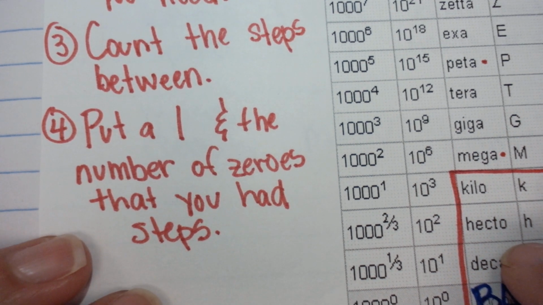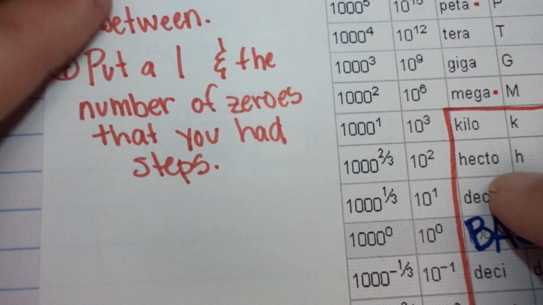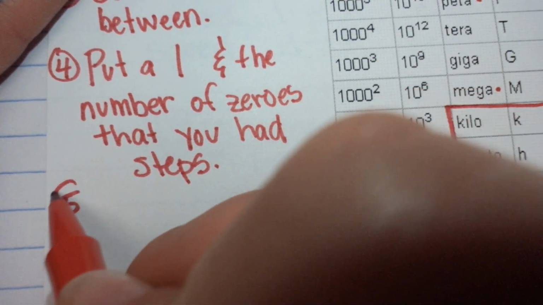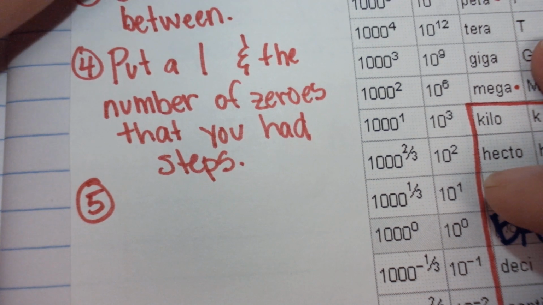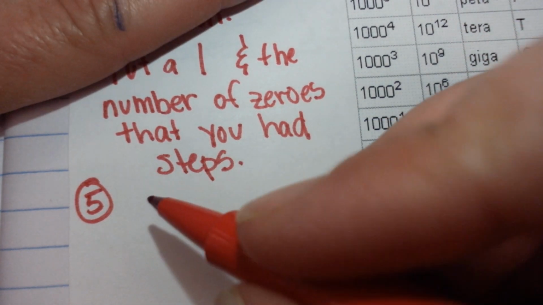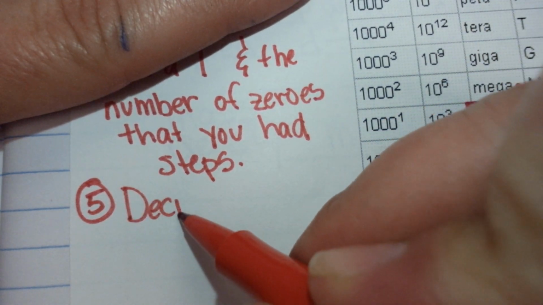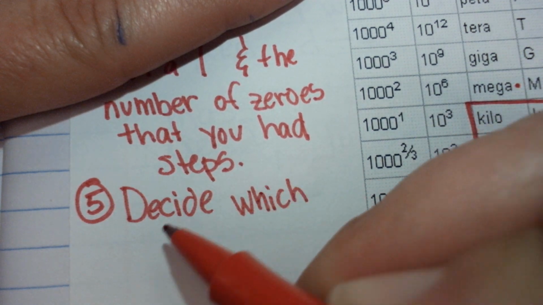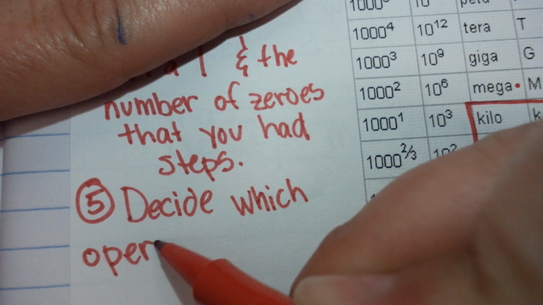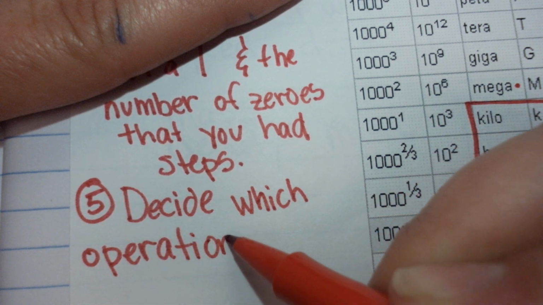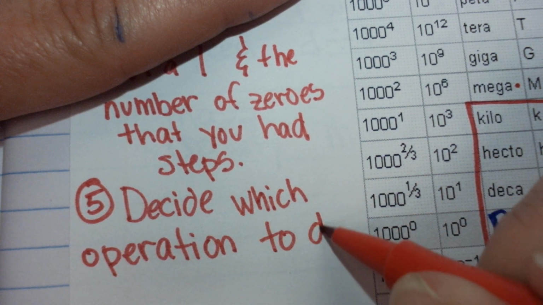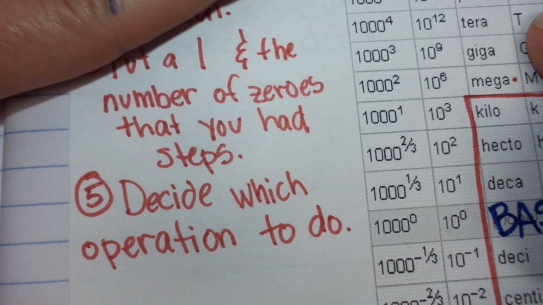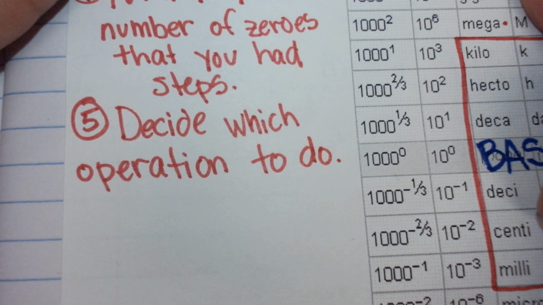And then number 5 is the most critical step, and also one of the steps you could probably do in your head. But number 5 is decide which operation to do. Am I talking about surgery here?